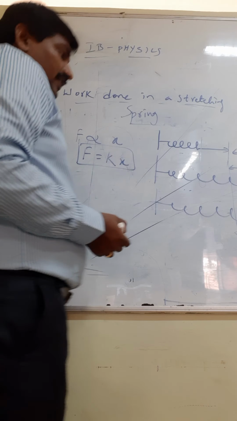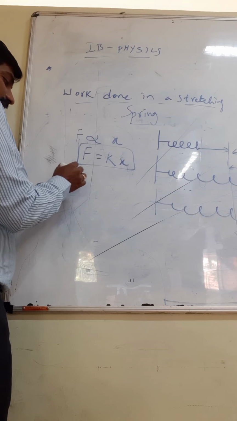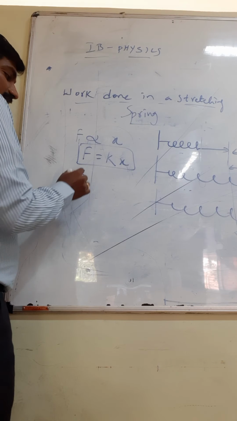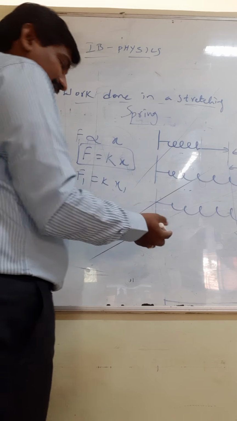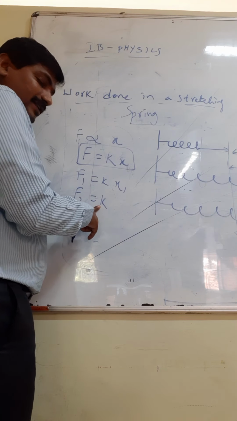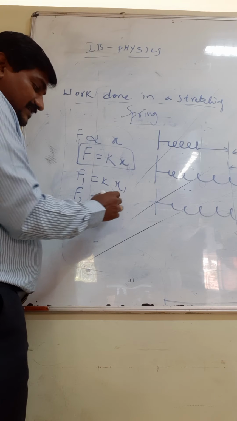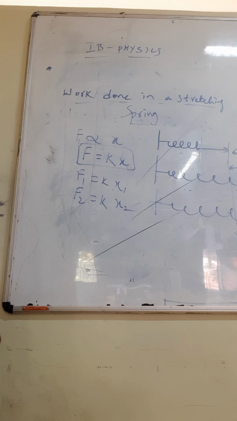For example, if you have applied the force F1, then F1 equal to k into x1, but the spring constant remains the same. If you apply the force F2, the spring constant remains the same, but the displacement x2 has taken place.